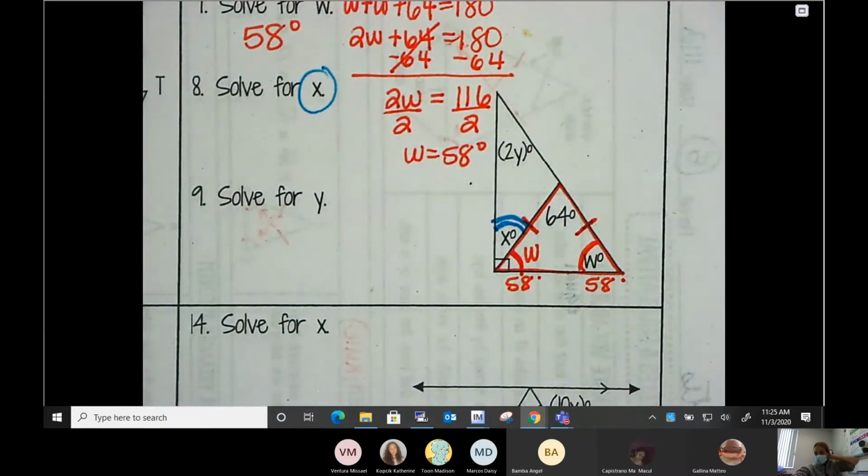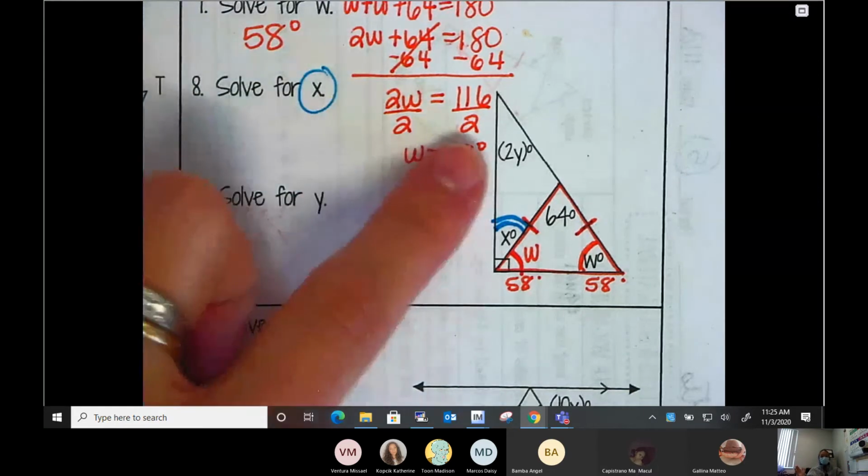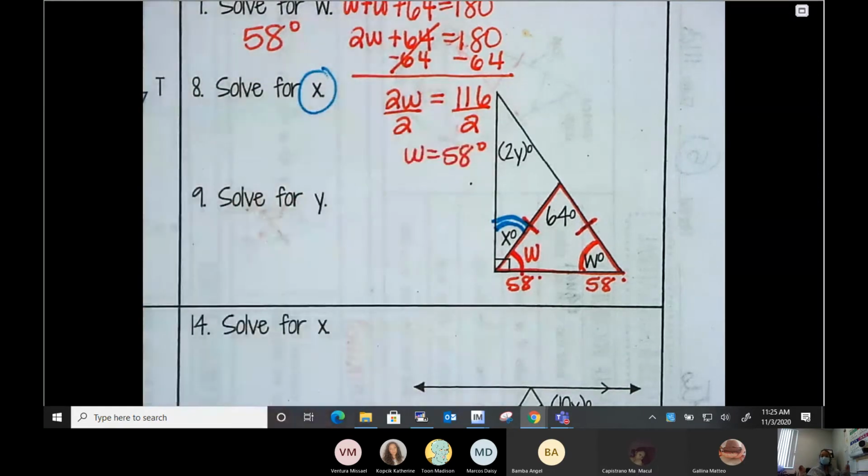Where is angle X located? Next to the W, and the W is 58. Well, so close. I would like that if it was the whole triangle, but I've got another piece over here, don't I? What do you mean 58?